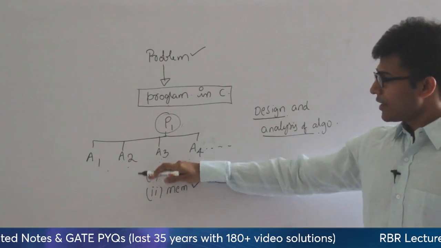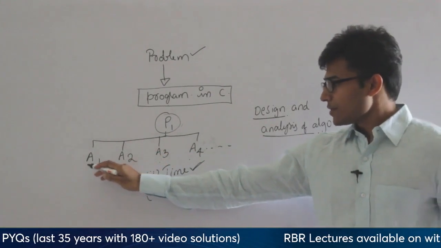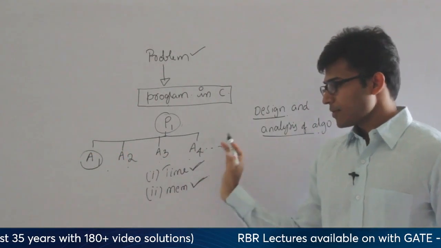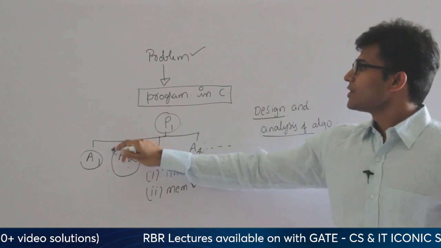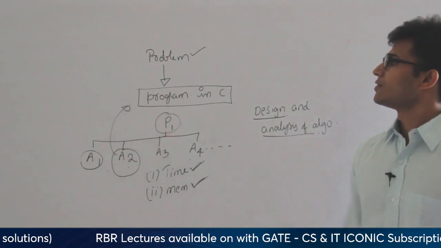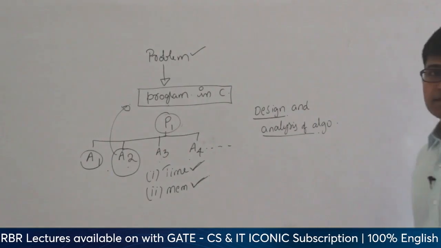After designing and analyzing, we shall take the best algorithm. Let us say one of them takes the least time and least memory, then we shall implement it as a program in C. That is the main purpose of design and analysis of algorithms.